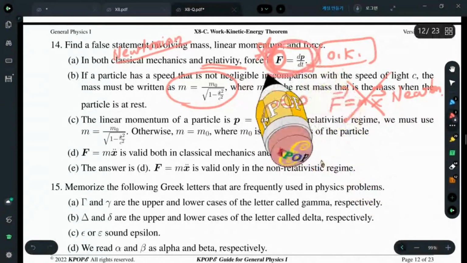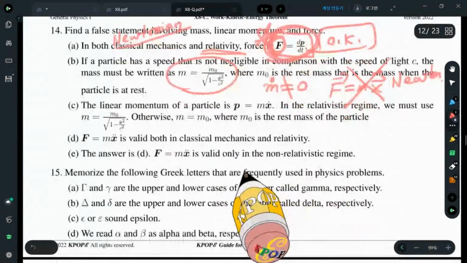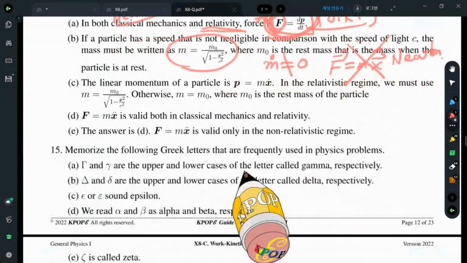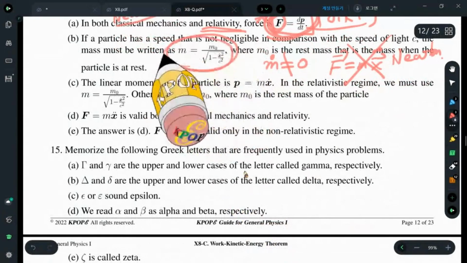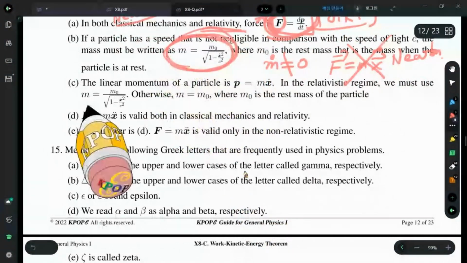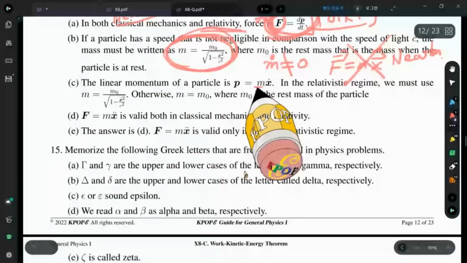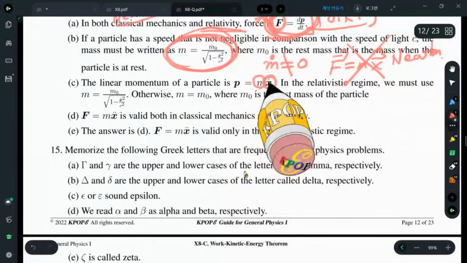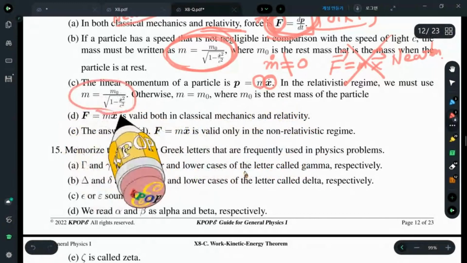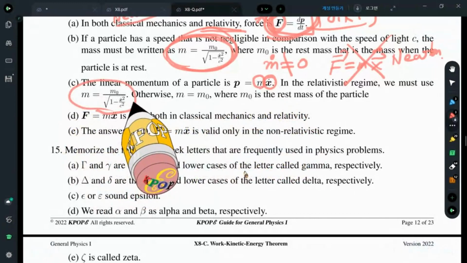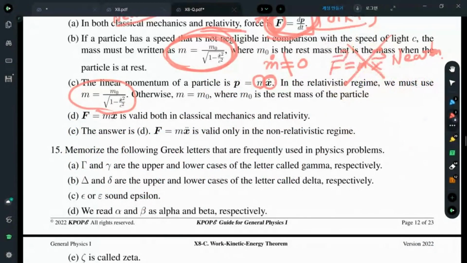However, this one is correct in both relativity and Newtonian mechanics. Just memorize. You don't have to understand it. That is a fact. Just memorize. The linear momentum of a particle is mass times velocity. That's correct. However, this mass depends on the velocity. That's the difference between Newtonian mechanics and Einstein's relativity.